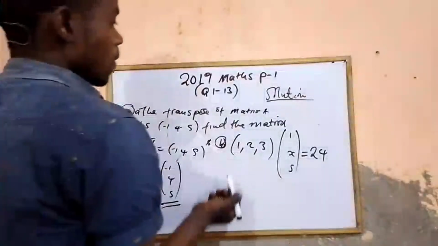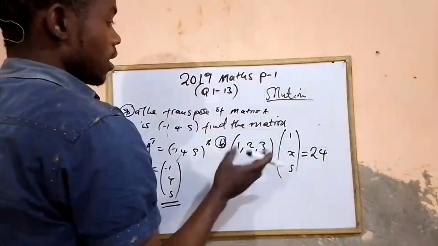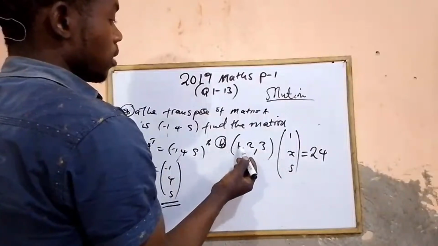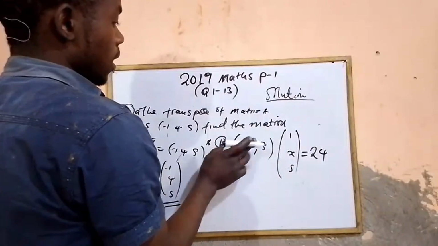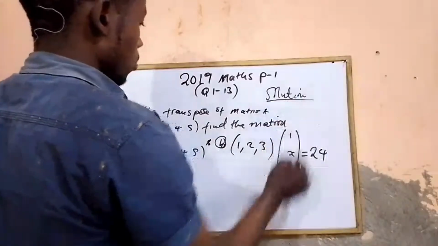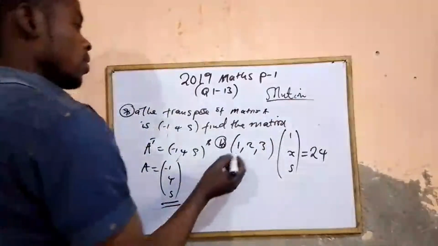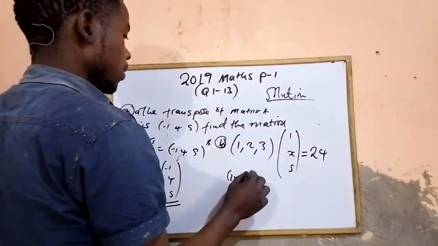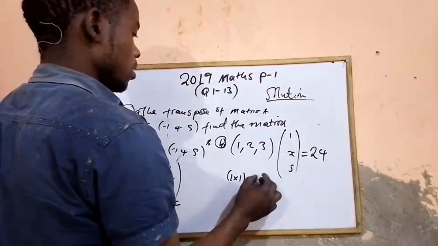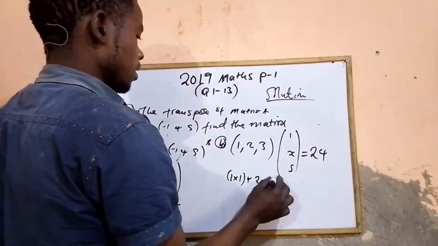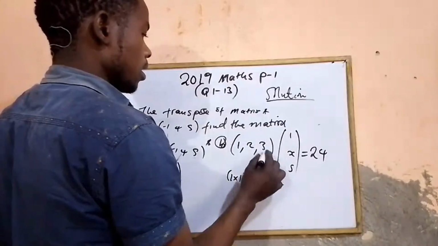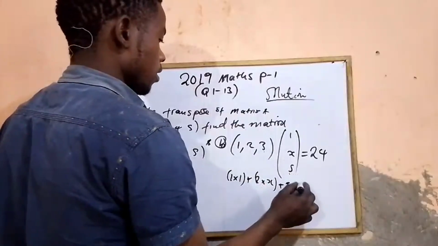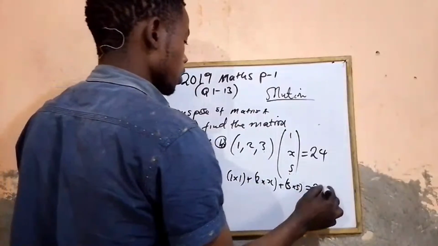Remember that when multiplying matrices, you must multiply row by column. So 1 times 1, plus 2 times x, plus 3 times 5, which will be equal to 24.